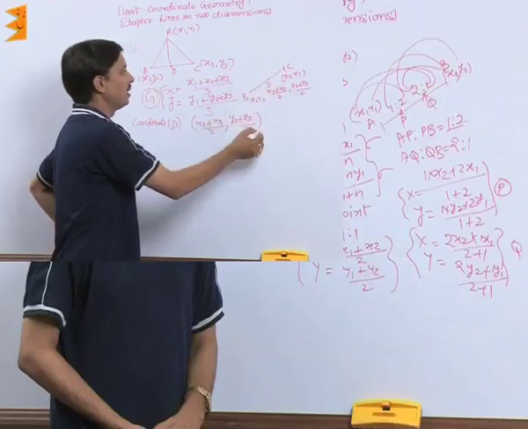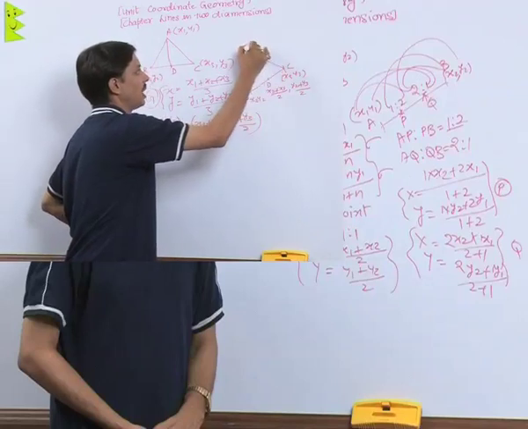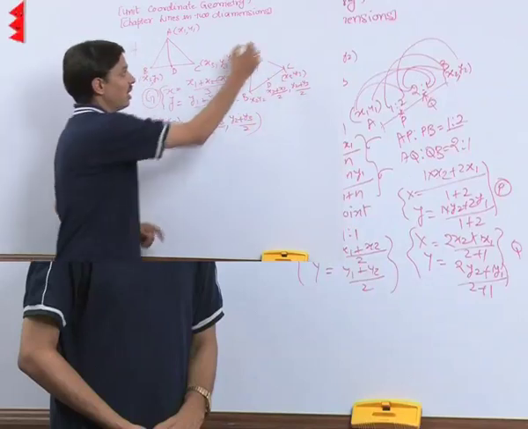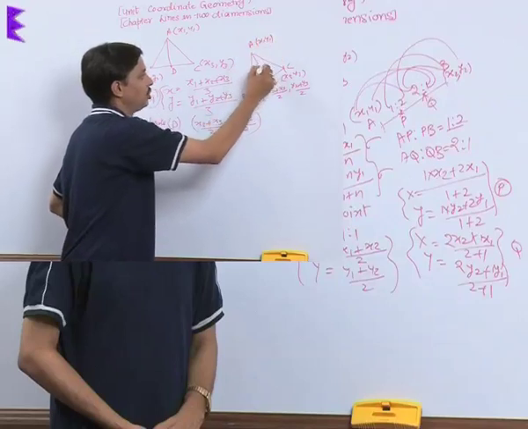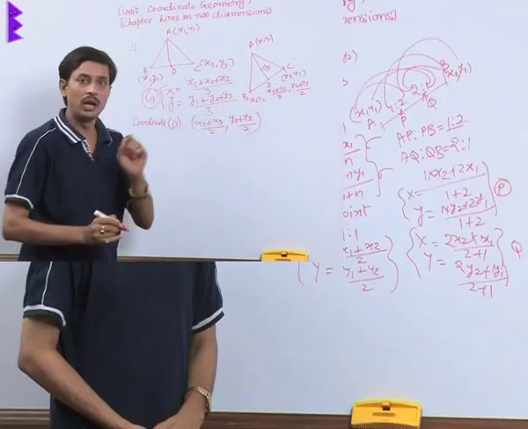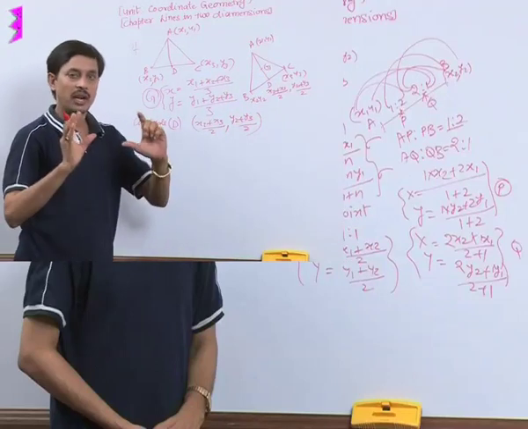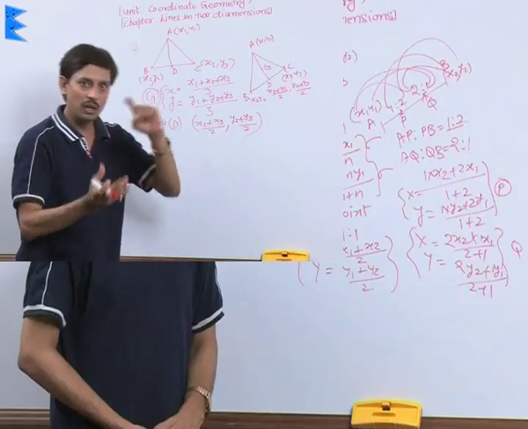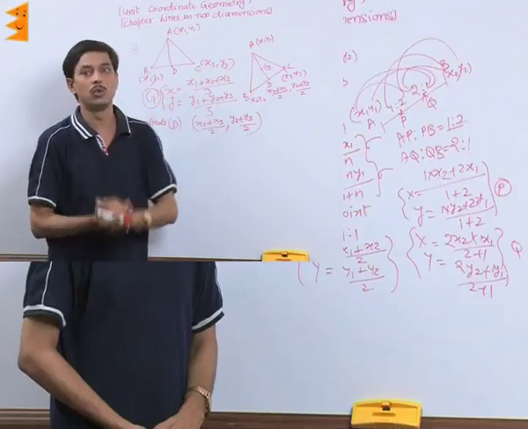Now this median is coming from the vertex A. I am mentioning it again here. The coordinates of A are x1, y1 and suppose G is the centroid point. But you all know that the centroid divides the median in the ratio 2:1.